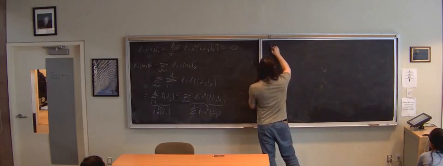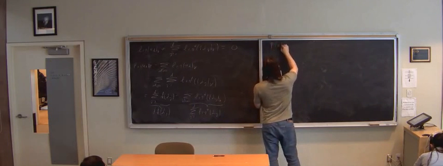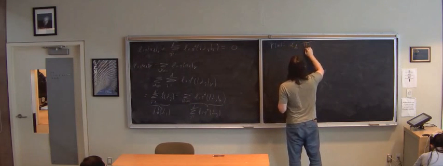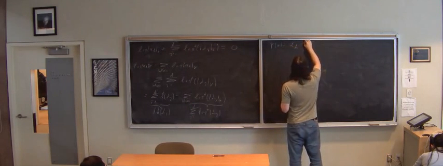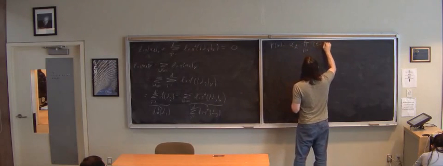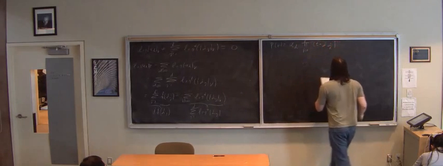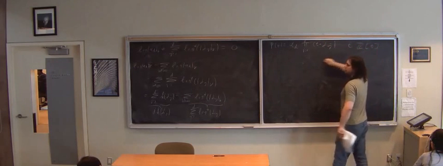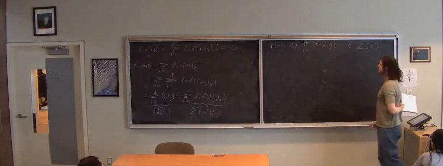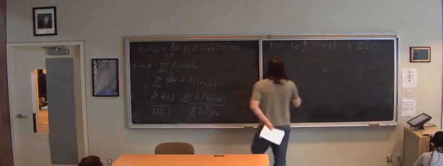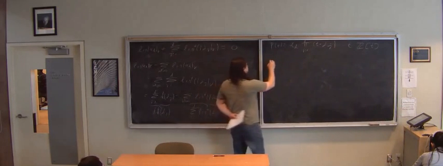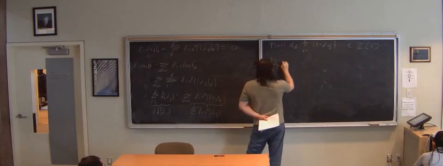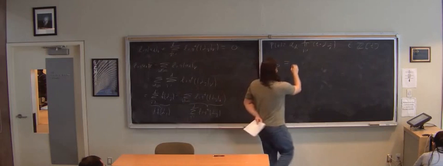So if you have some polynomial P of t whose leading coefficient is AD and whose roots are the alpha j's, we have a notion of the discriminant of P, which is defined in the following way.